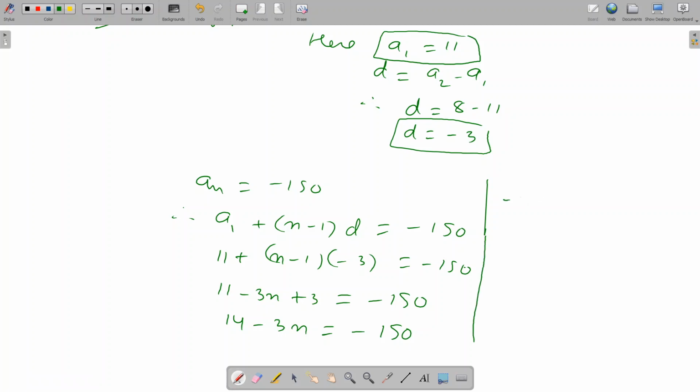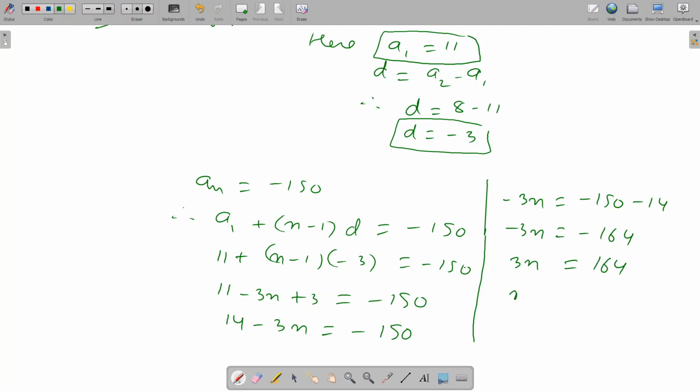Solving this will give us minus 3n equal to minus 150 minus 14. So this will become minus 3n equal to minus 164, and the minus signs on both sides cancel out. We have 3n equal to 164.